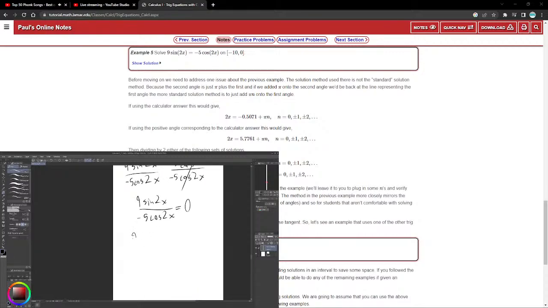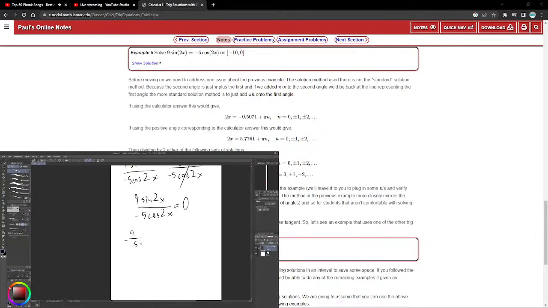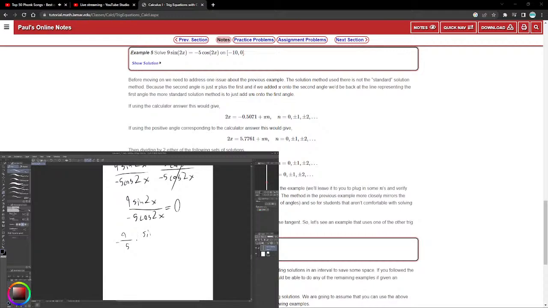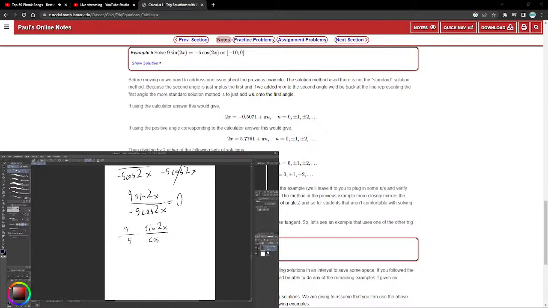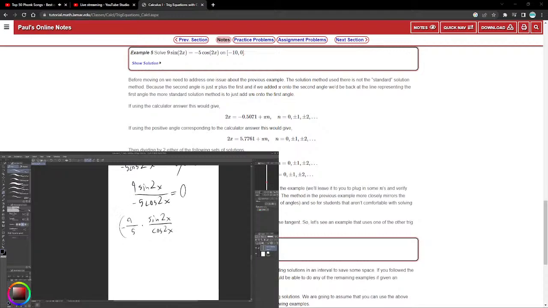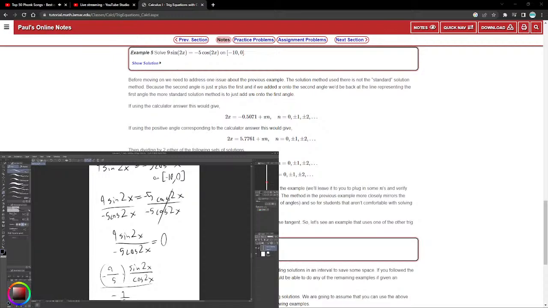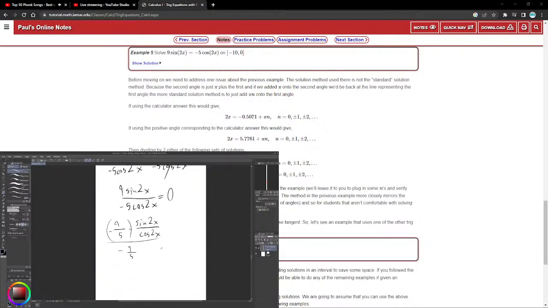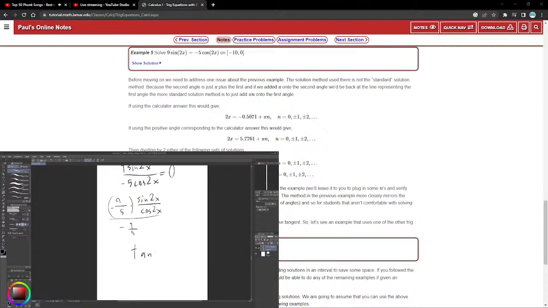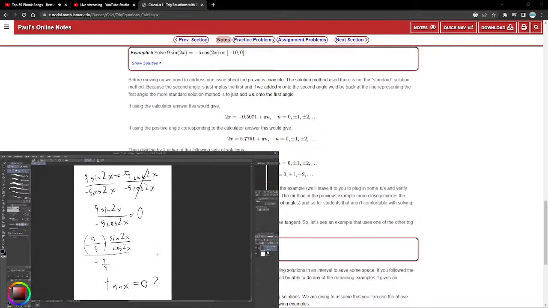I wonder if we can rewrite this as -9/5 times sine 2x over cos 2x, and then divide it over. Gives me 0 though. Then I would just have tan 2x equals 0. I don't think this is right. I probably did something wrong.